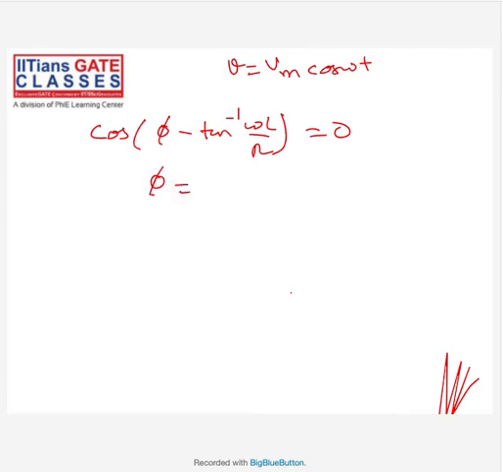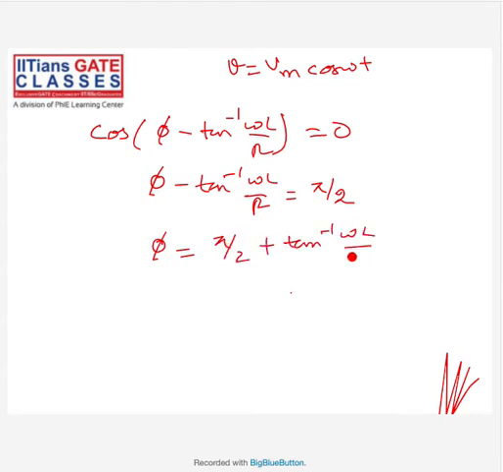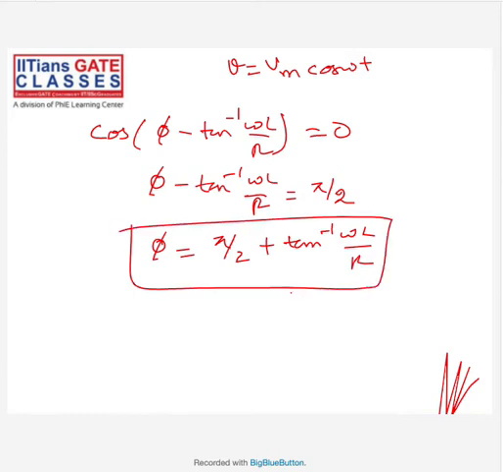When will cos be 0? At pi by 2. So this will be when tan inverse omega L by R is equal to pi by 2, or phi is equal to pi by 2 plus tan inverse omega L by R. These are very important.